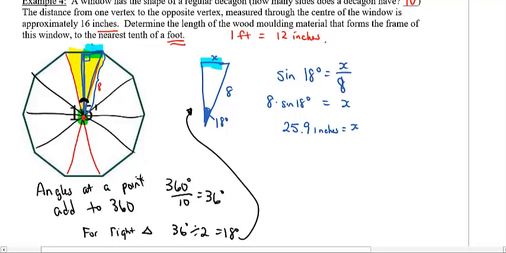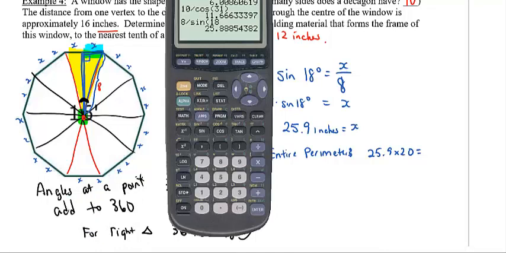Okay, now how much crown molding do I need? Well, if this is x, that's 1, here's 2, here's 3, here's 4, here's 5, here's 6, here's 7, here's 8, here's 9, 10, 11, 12, 13, 14, 15, 16, 17, 18, 19, 20 x's. So the entire perimeter is actually 20 of those x's. So 25.9 times 20. Actually, it'd be better if you just kept the decimal and times it by 20. That gives you a more accurate answer. 517.77.